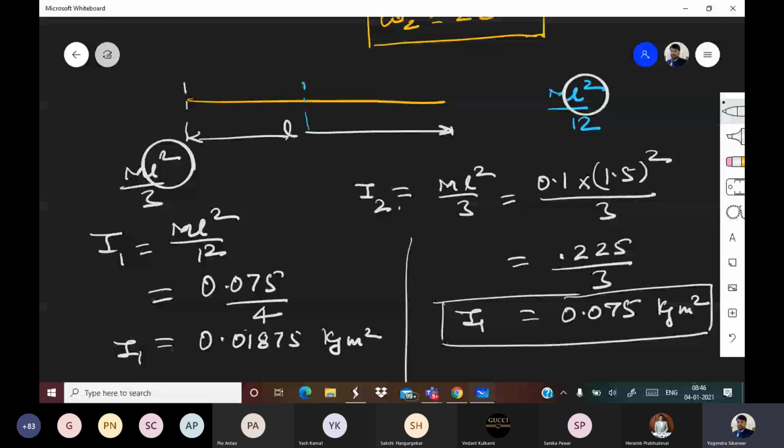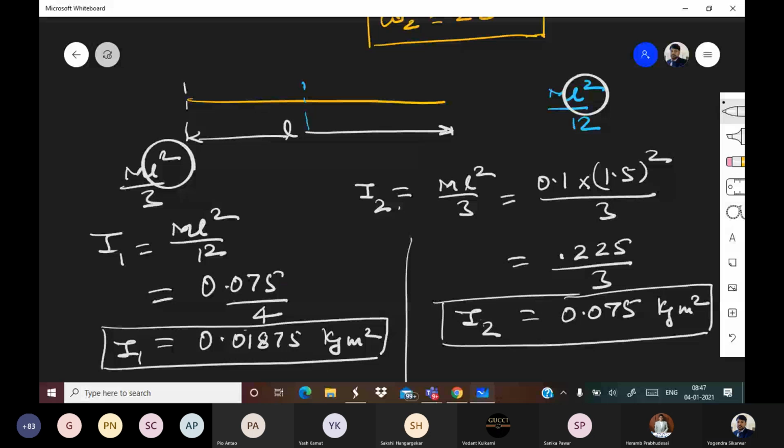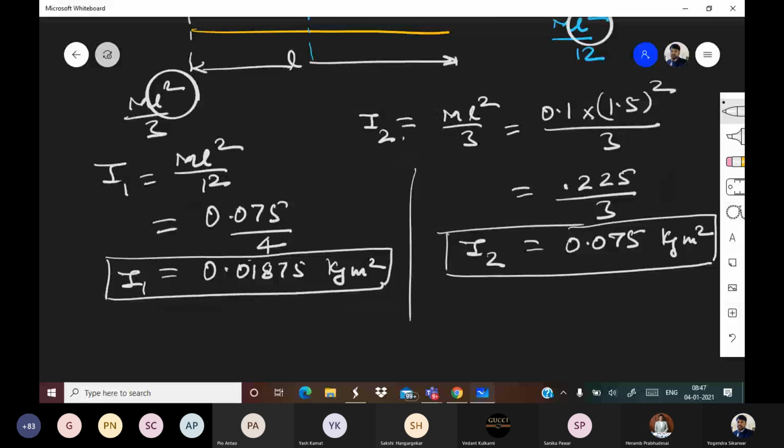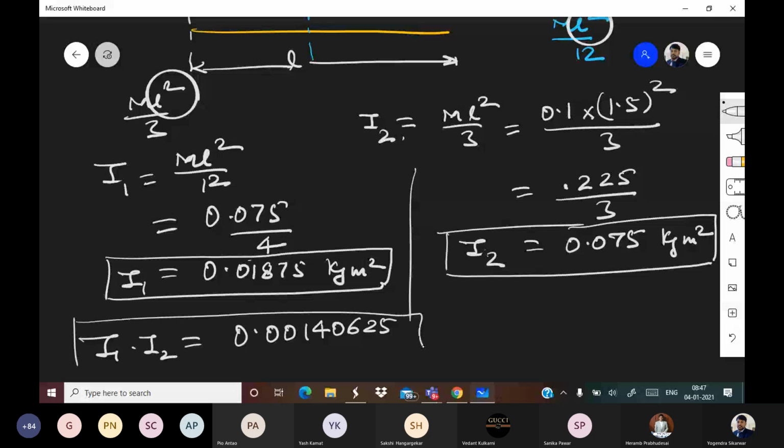Okay, so I1 into I2, that was supposed to be calculated, right? So I1 into I2 will be 0.00140625. This is I1 into I2.